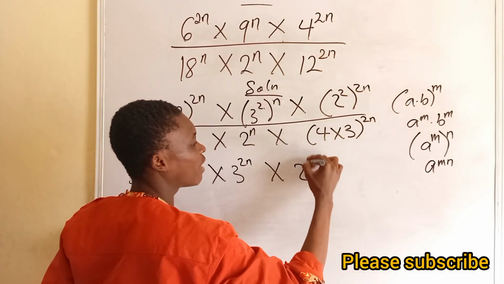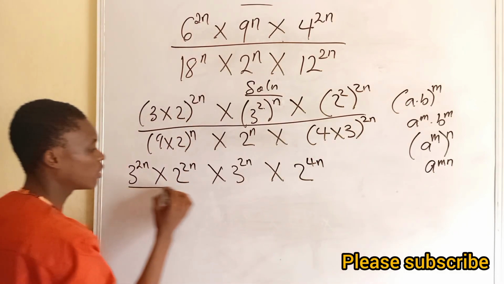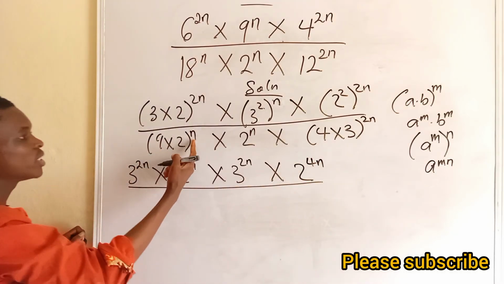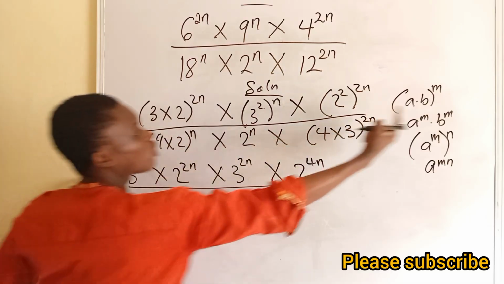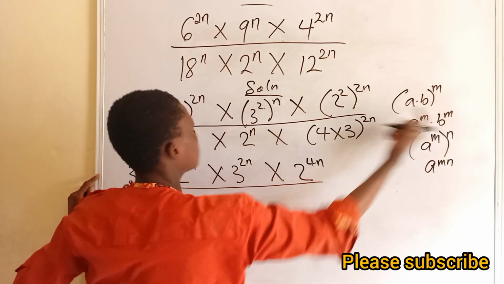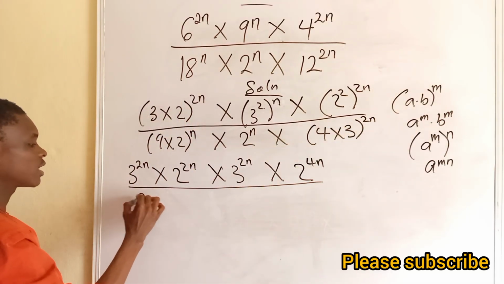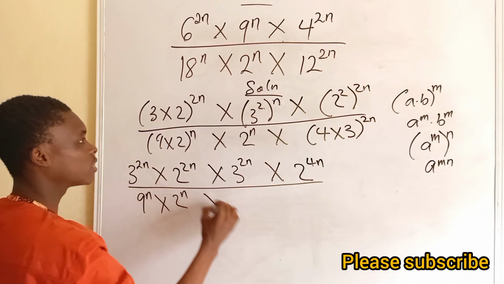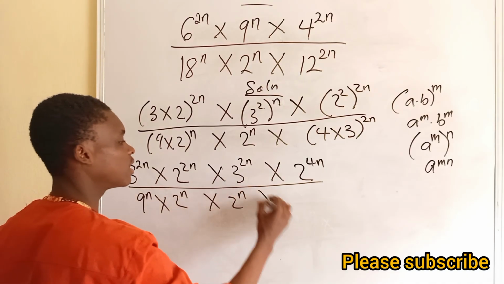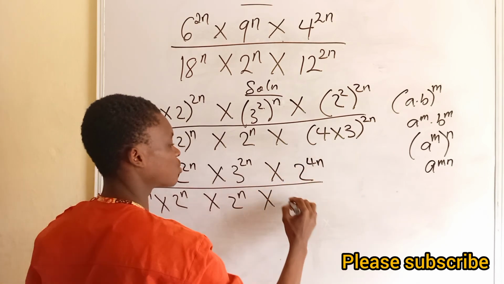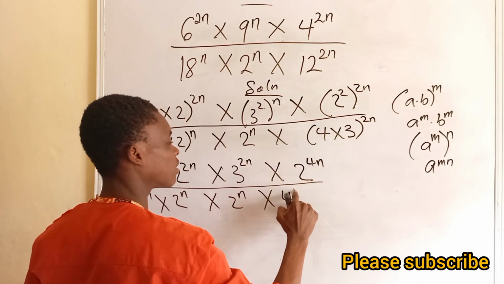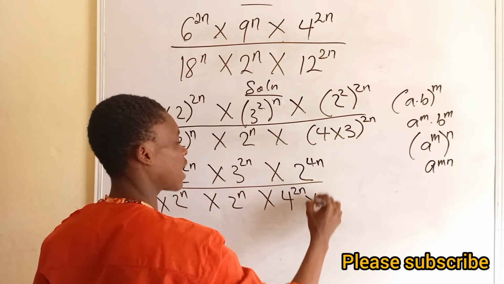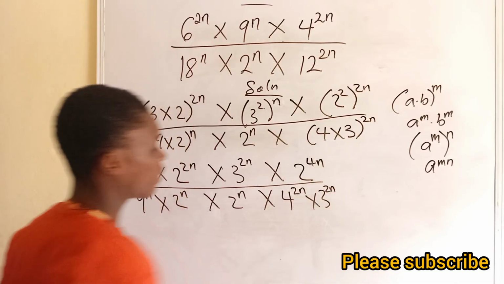From this law we have 4n, all divided by, we distribute this power now from this law. So if we distribute this, what do we have? 9 to the power n times 2 to the power n times 2 to the power n times, we distribute this 2, 4 to the power n, 4 to the power 2n times 3 to the power 2n. All right.